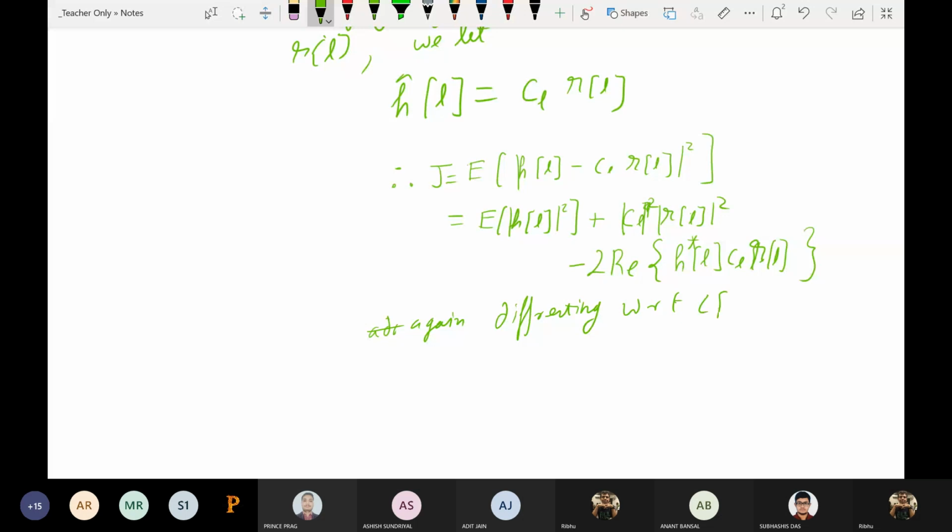CL conjugate, I get CL, this should be expectation.